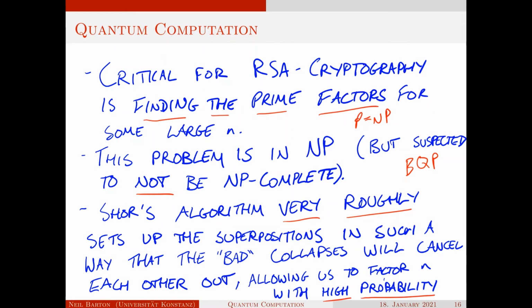These different collapses have amplitudes that interact in such a way that you're actually able to factor n, with very large n, with high probability, and really importantly do so in polynomial time. And factoring, on the grounds of Shor's algorithm, is in BQP. So if one of these things could be built, you have the resources to break all known current cryptography.